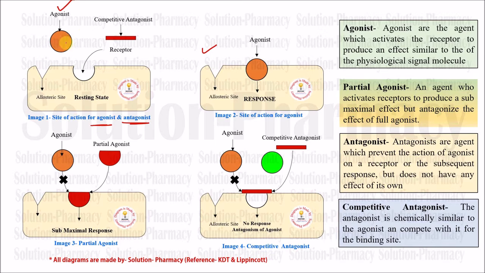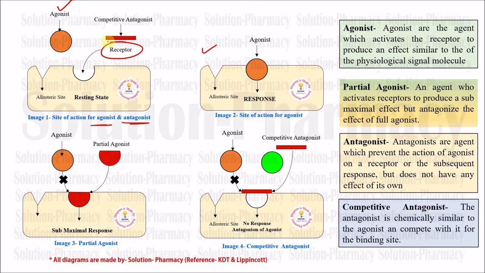And now what is the meaning of agonist? Agonists are those drugs which facilitate the activity of any signal molecule, or we can say they are the agents which mimic the natural signal or ligand molecule. And what is the receptor? Receptors, as you can see in the diagram, are macromolecules, not micro, it is macro. They are available either on the surface of the cell or inside the cell.